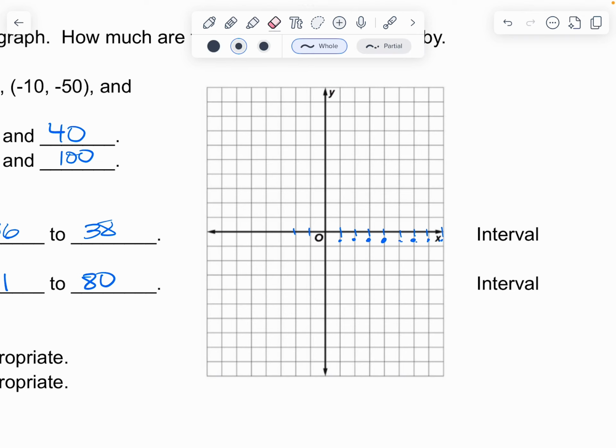Maybe I need to go up by 5s. So 5, 10, 15, 20, 25, 30, 35, 40. Okay, so that would get me negative 40 here, negative 30 here, negative 20, negative 10.